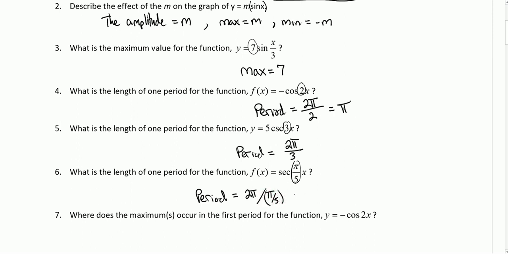In order to divide by a fraction, we're going to multiply 2 pi by the reciprocal of that fraction, which is 5 over pi. And this gives us 10 pi over pi, which reduces to 10.